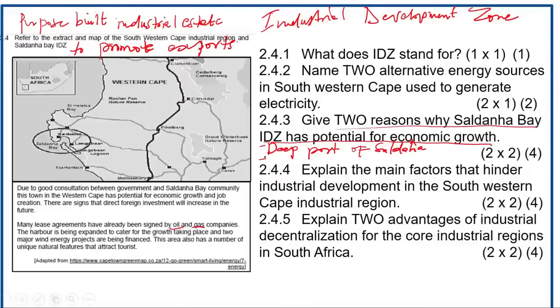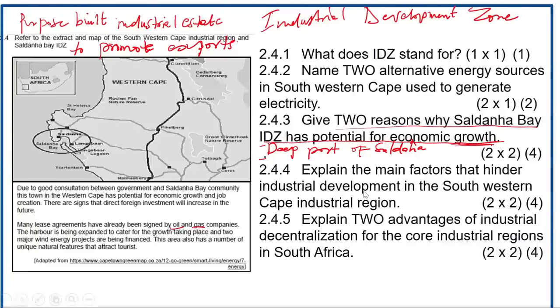So now, what are you looking at here? You're looking at the factors that favor industrial development in Saldanha Bay. We have done this in the classroom, but the questions will not come that straightforward. Why is it going to grow? Development will be that growth. So you need to look at those factors.